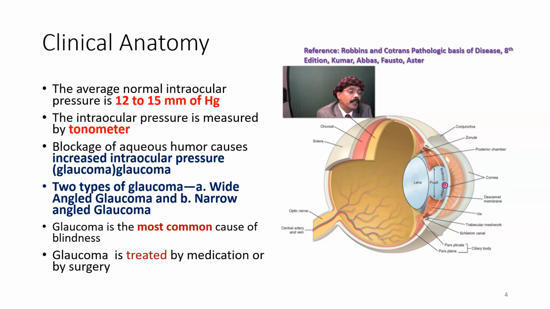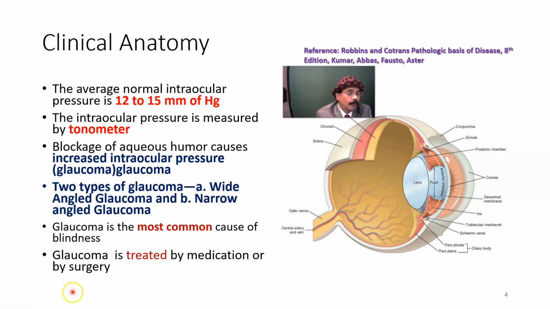Pupil is the gap in the iris, and goes to the trabeculae, to the canal of Schlemm, then ultimately opening into the veins of the sclera. And glaucoma is the number one cause of blindness.